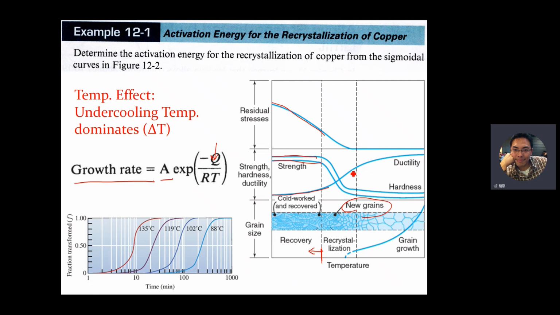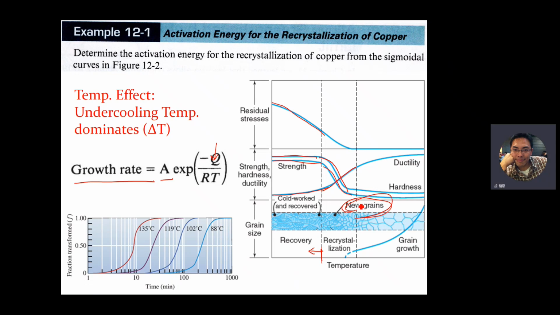The mechanical property of those new grains must be lower than that of the old grains. Therefore, the strength and hardness will substantially decrease, and the ductility increases dramatically, because new grains form.